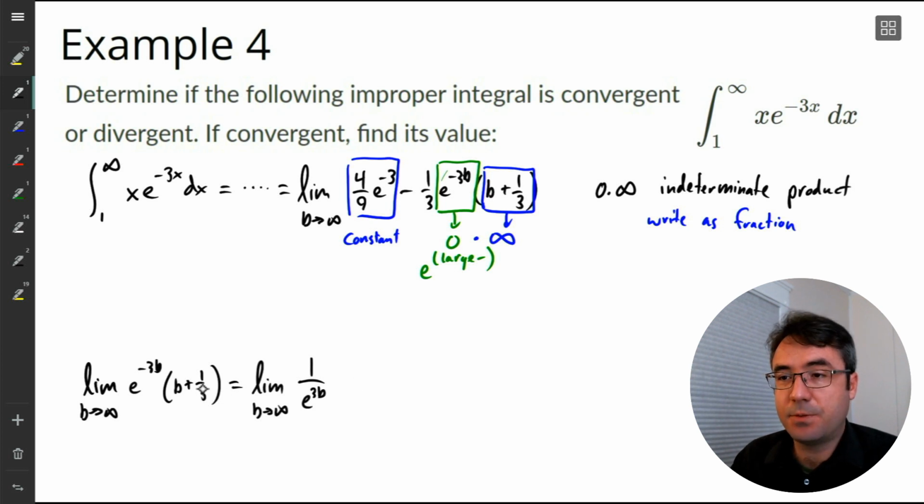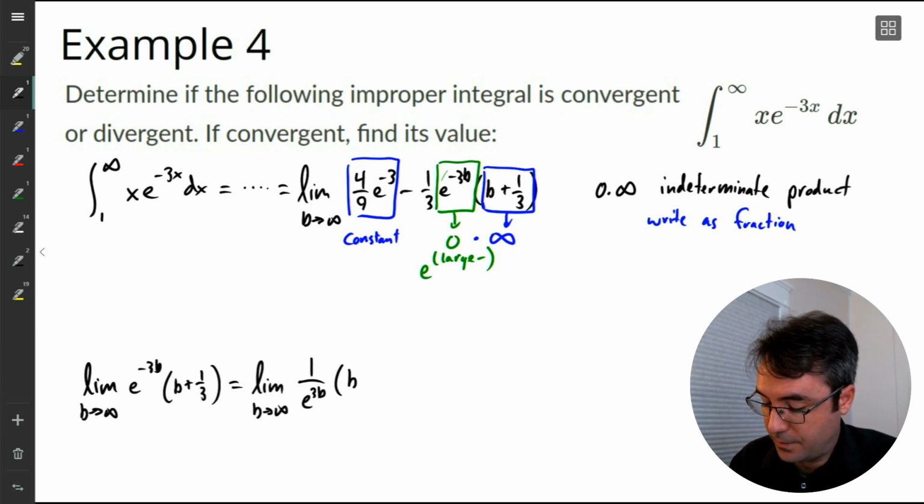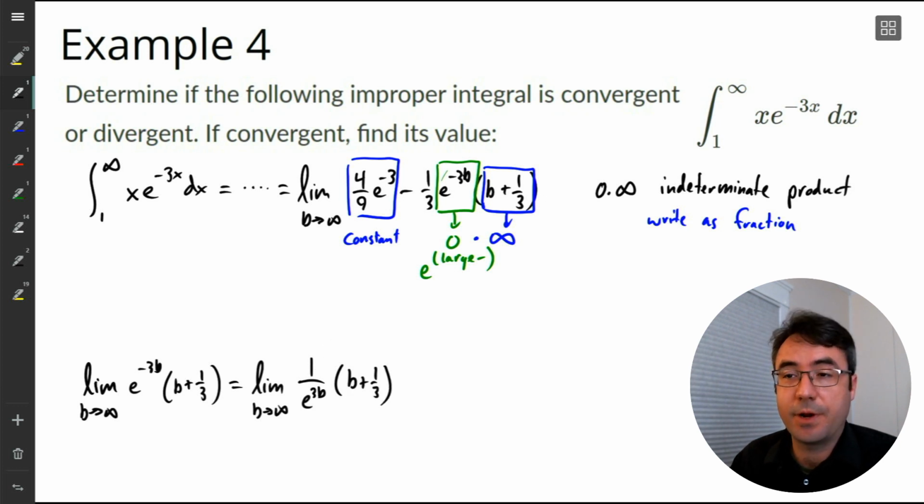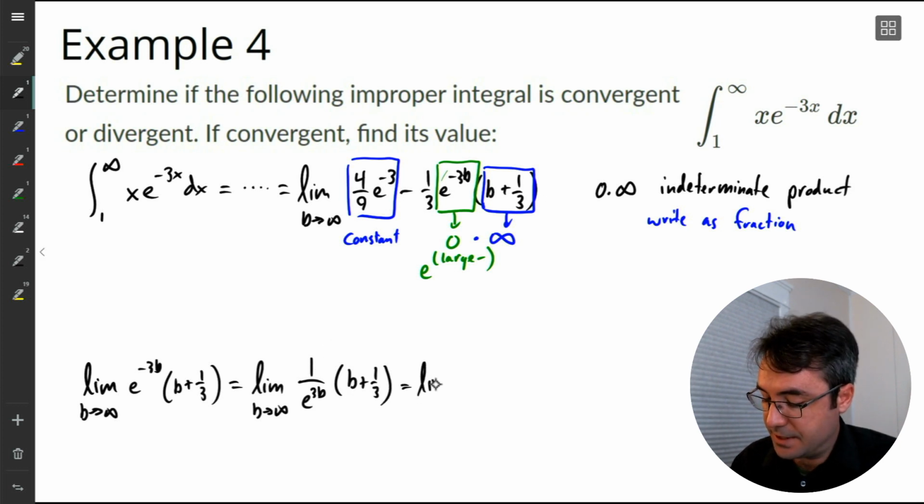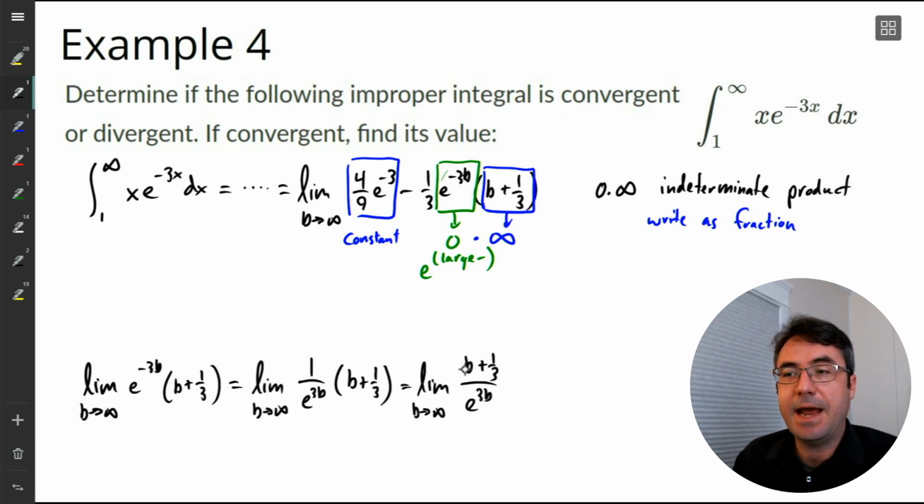And then this b plus 1/3, for right now we can leave it right next door there, but we can actually take that and put it in the numerator here. So we can write this as the limit of b plus 1/3 over e to the 3b as b goes to infinity. And now let's think about what each of these pieces is doing.